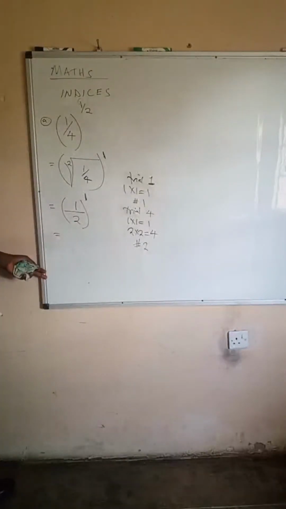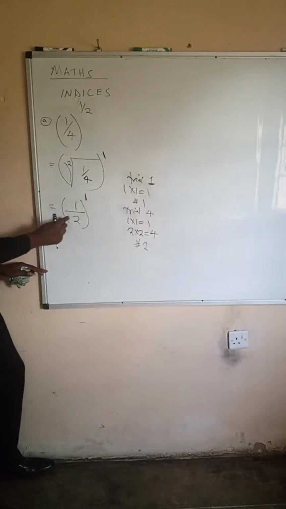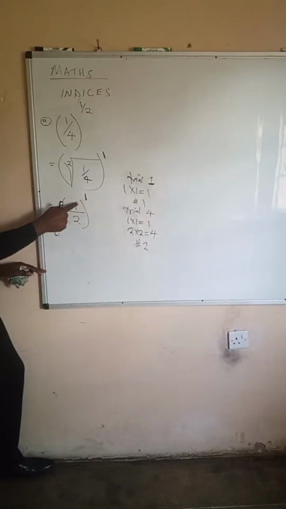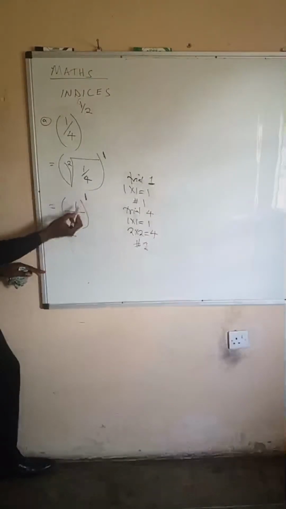Okay? And then from the rules I taught you yesterday, I said when a fraction is raised to a power, this power is given to the number on top, and also this same power is given to the number 1. So it's supposed to be 1 to the power 1 over 2 to the power 1 again.